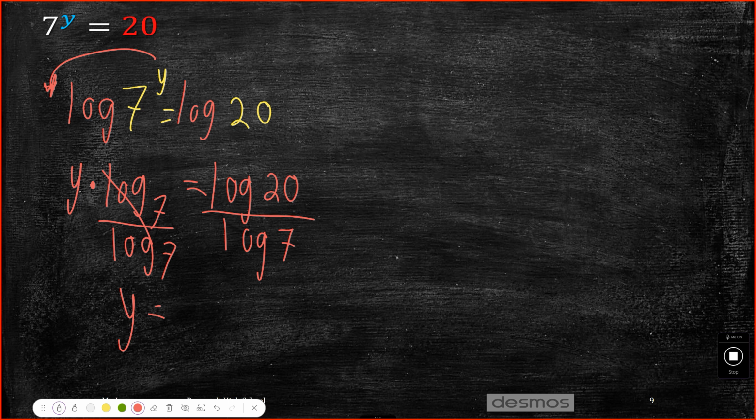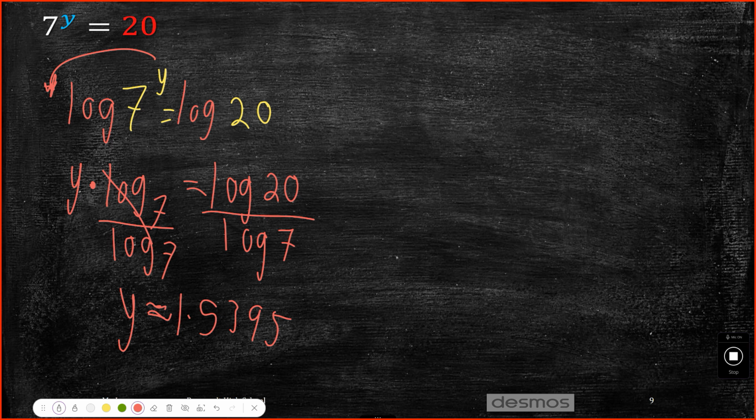Go ahead and do log 20, enter, get an answer, divided by log of what? Log 7. And what are you getting? About what? 1.5395. Let's stop there.